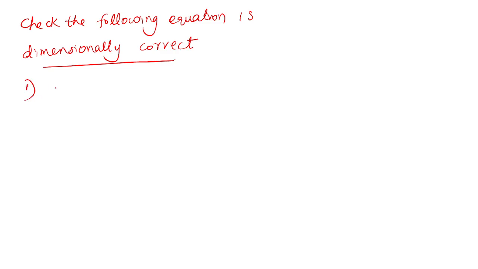I will explain that. V equal to U plus AT. We studied that in motion along a straight line. We have to prove it. Dimensionally speaking, it is true. This formula is valid. V is the final velocity of the body.